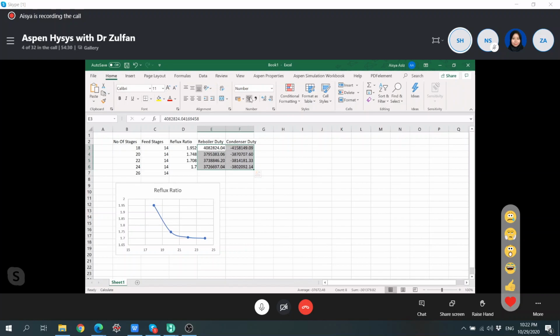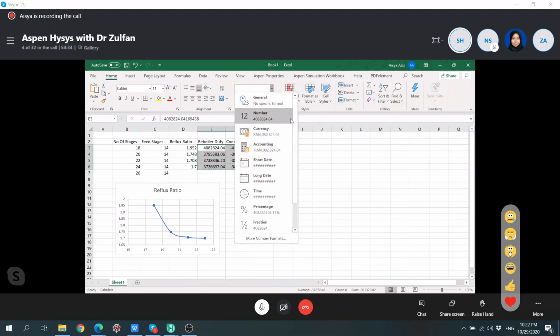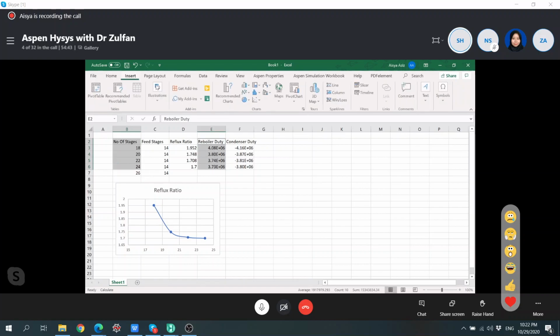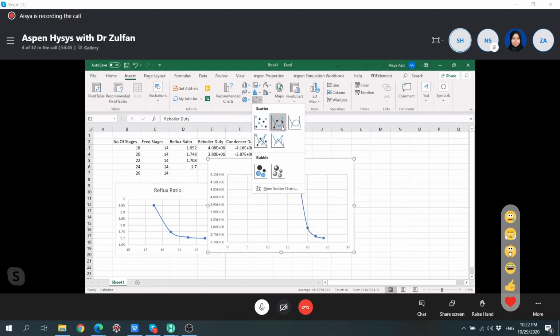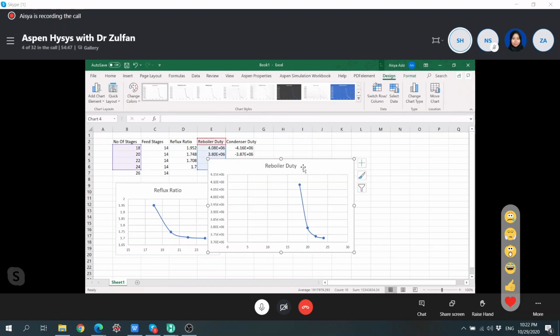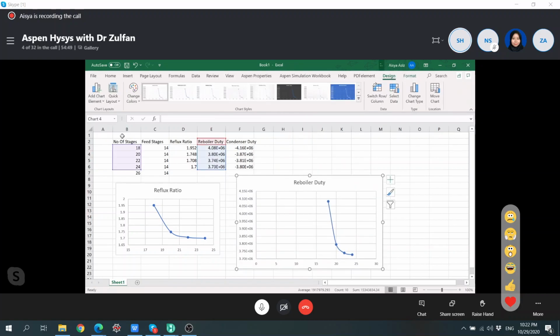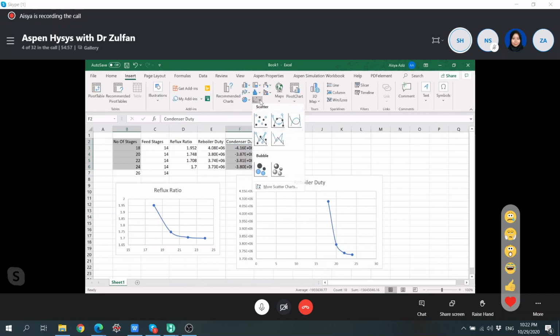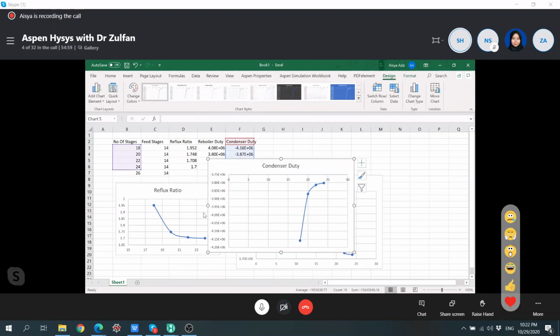sorry, I did it wrong. So in kilojoule per hour, we change it to, yeah, I did it right. From kilojoule per hour of energy, we divide by the kilojoule per kilogram of steam, so we get the kilogram per second of steam. You could also do it directly from the natural gas, using the efficiency.